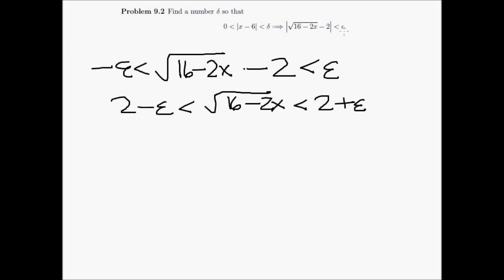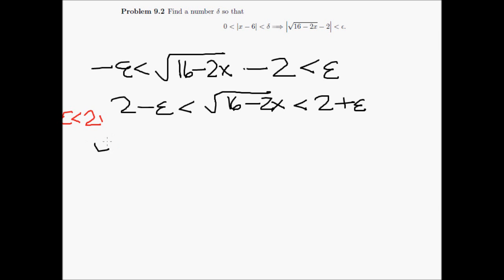If epsilon is bigger than 2, we can choose an epsilon that's smaller than 2, and if it's less than that epsilon, then it's going to be less than the original epsilon. So it's okay. But I'm just going to make a note on the side that epsilon has to be smaller than 2 to make the next step work.